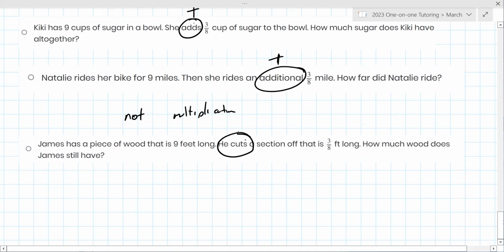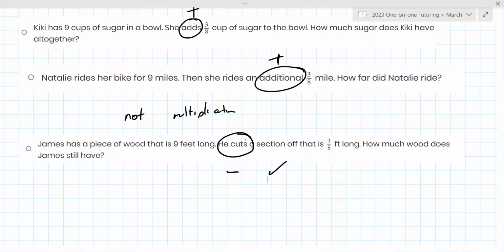I think it's he cuts. If you cut, what math operation is that? Is that subtraction or addition? It's subtraction, yes.